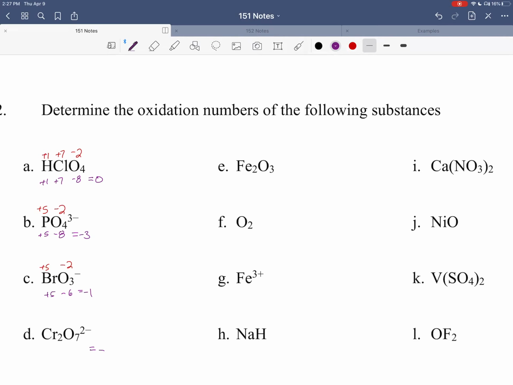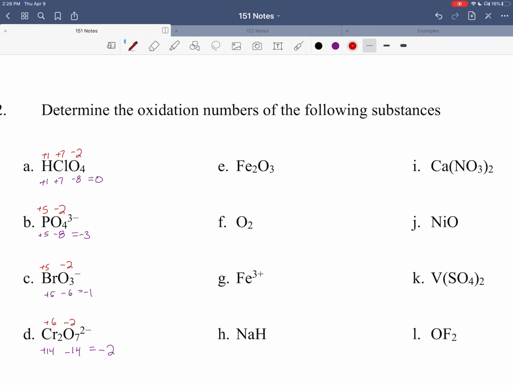Dichromate equals -2. Oxygen is -2 times 7, -14, plus 14. So chromium is plus 6.